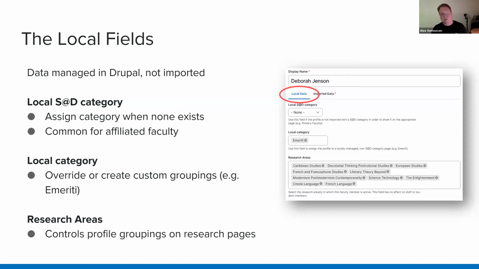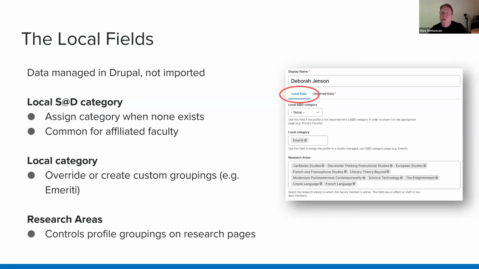So the first field is the local scholars at Duke category. That's where we can assign a category when one doesn't exist on the profile, one isn't imported. That's generally going to happen with affiliated faculty, so someone who doesn't have an actual appointment in DFAC.